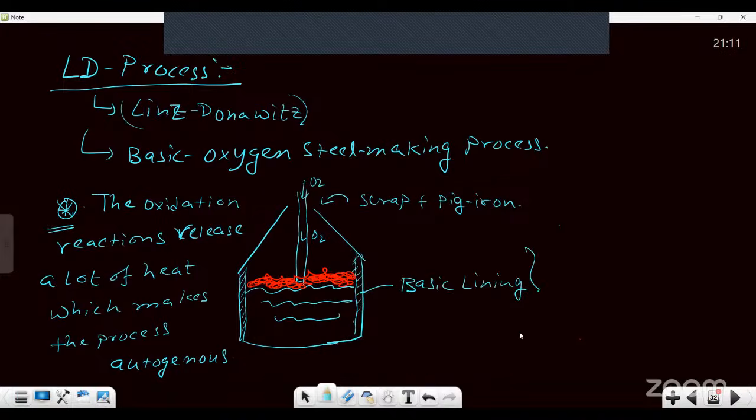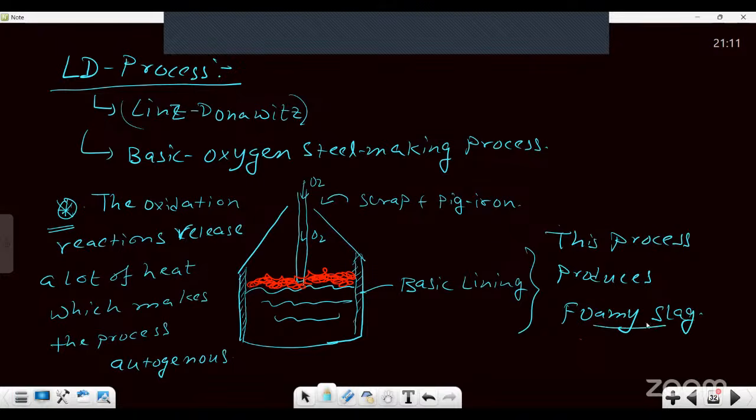This process produces foamy slag. Why? Because a lot of CO gas is produced, and this CO gas is making the slag foamy.